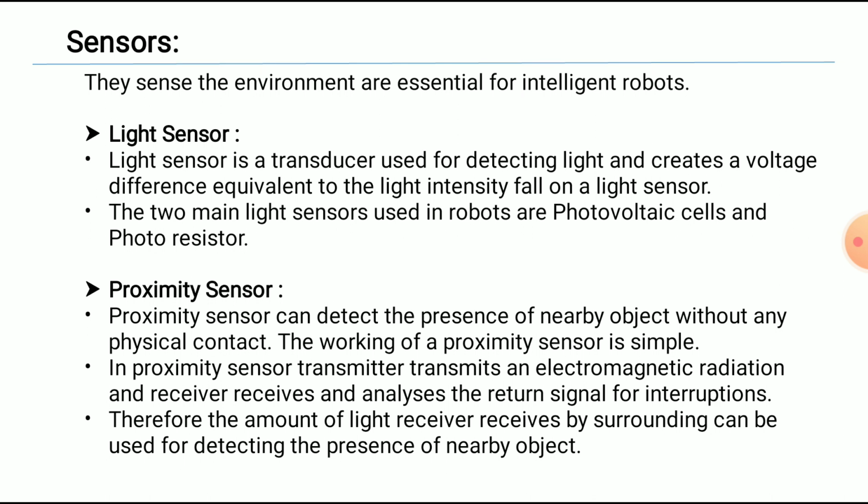In a proximity sensor, the transmitter transmits electromagnetic radiation, and the receiver receives and analyzes the return signal from interpretations. Therefore, the total amount of light the receiver receives from the surroundings can be used for detecting the presence of nearby objects.